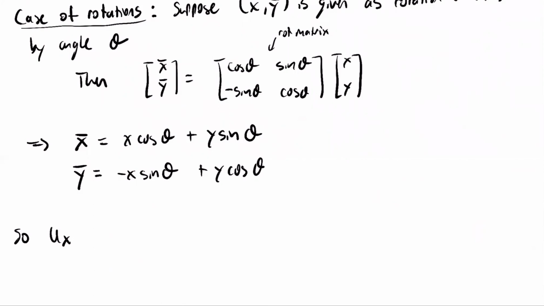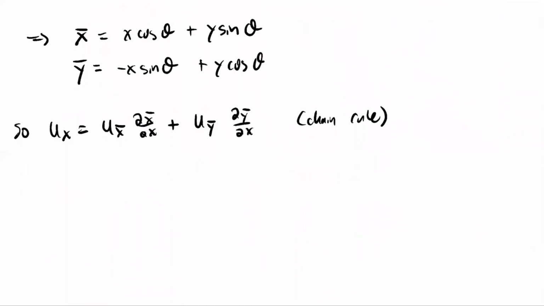So let's first look at the derivative with respect to x and try to write this in terms of x bar and y bar. Well, if I use the chain rule, this is equal to the derivative with respect to x bar times dx bar dx, plus the derivative of u with respect to y bar times dy bar dx. Right, so this is the chain rule. And so therefore, we get u_x is equal to, well, what is dx bar with respect to x?